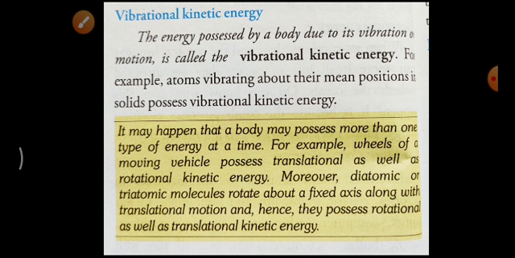It may happen that a body possesses more than one type of energy at a time. It is possible for a body to possess two types of energy at a time. For example, wheels of a moving vehicle possess translational as well as rotational kinetic energy, because if a car is moving along a straight road, translational kinetic energy must be present, and the wheel possesses it as well.